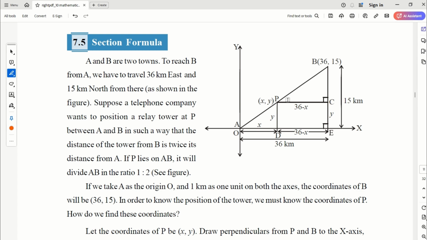Why are both the same? PD and BE are parallel lines, so this is a transversal. So it will make the same angle at O, that is PAD as well as BPC. These two are the same, and similarly these two angles are also the same.